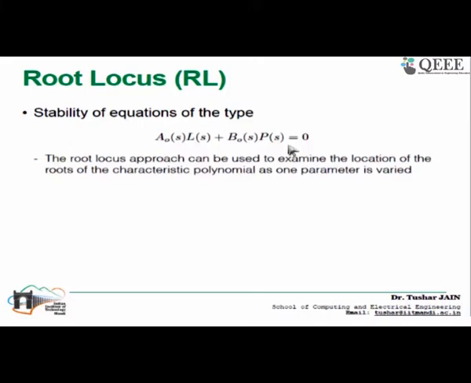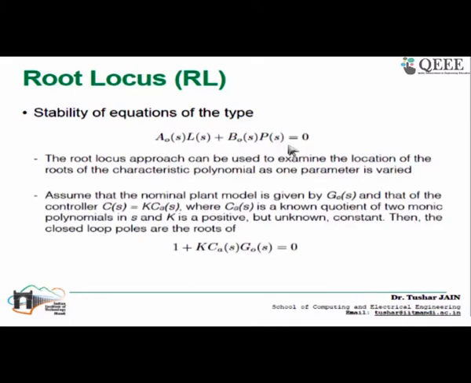The root locus approach can be used to examine the location of the roots of the characteristic polynomial as one parameter is varied. So with respect to only one parameter, I can see how the stability of the system is being changed. This basically gives me the relative stability analysis.